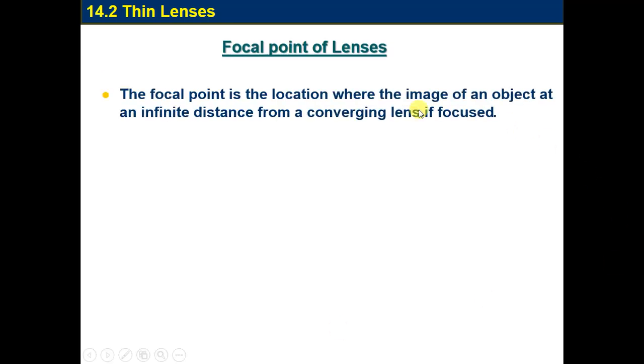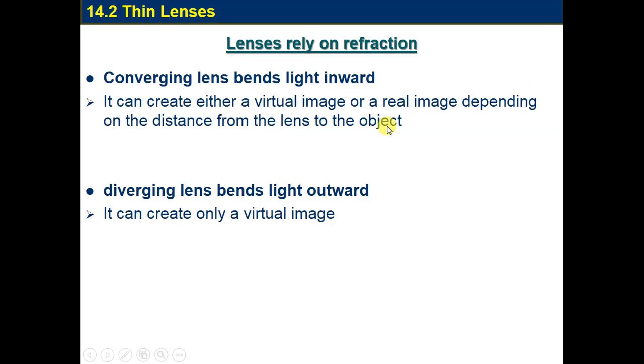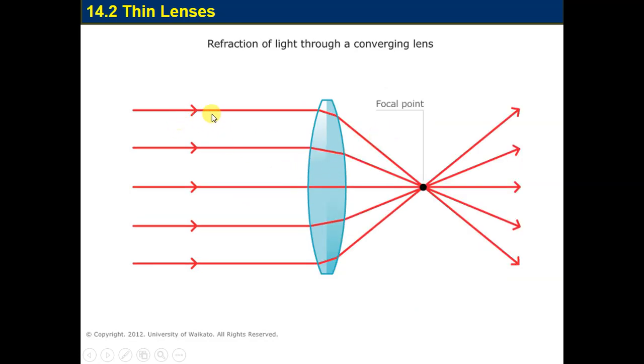Okay, so if I want to define the focal point, what can I say? I can say that it's the location where the image of an object at infinite distance from a converging lens is focused. Okay, so girls, here we said these rays that are coming from an object at infinite distance, at infinity, pass through this converging lens and focus at this point.